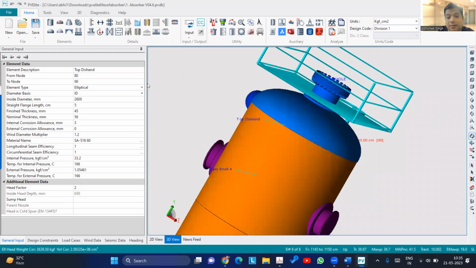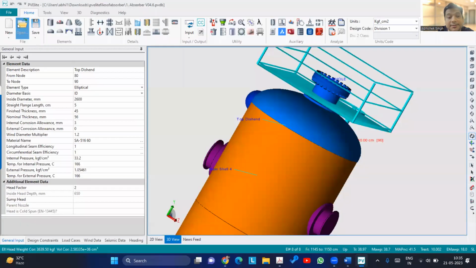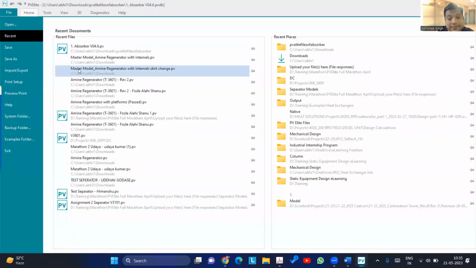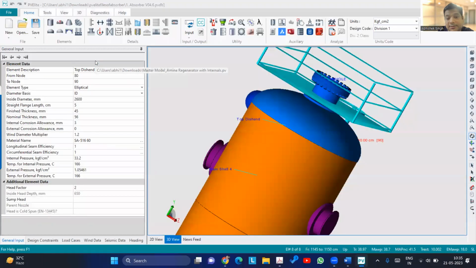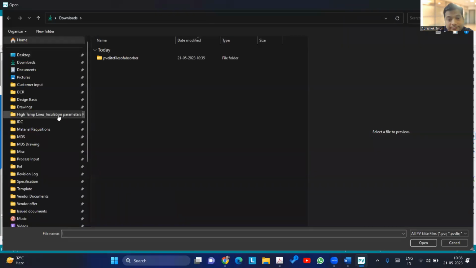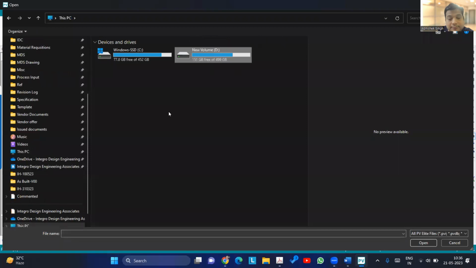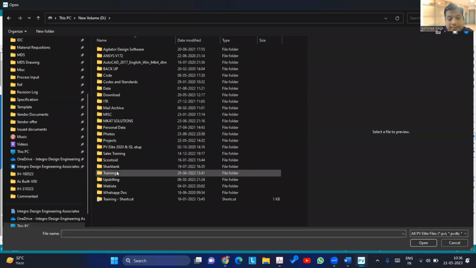Or let us take a different model, because there are no nozzles at the shell here. So let us take one master. Let us take that amine regeneration model, which we have done in the class itself.